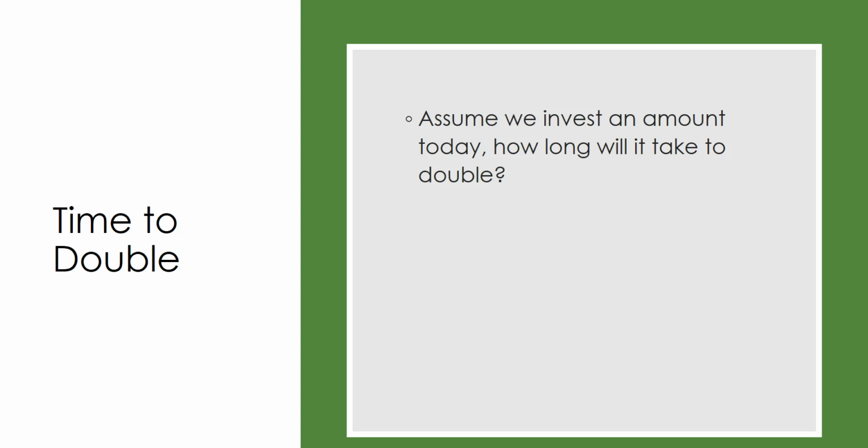So if you want me to put this in plainer English, let's say, how long will it take $100 to grow to 200 at, let's say, 10% interest? Now, obviously, the higher the interest, the less time it will take. The lower the interest, the more time it will take.